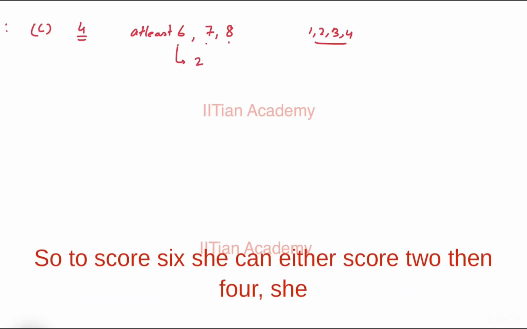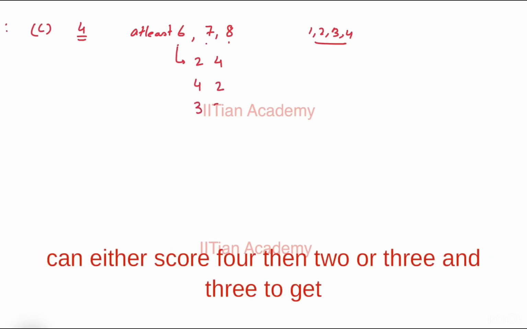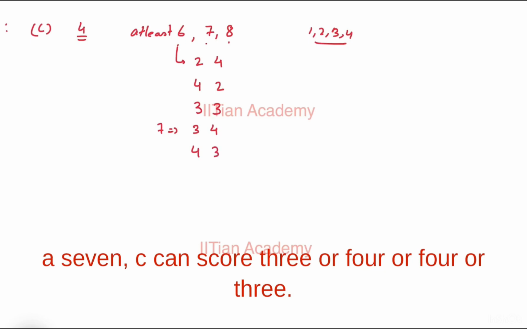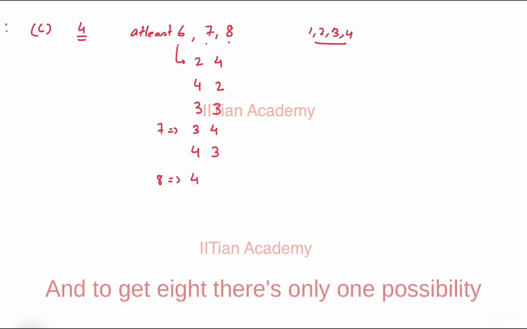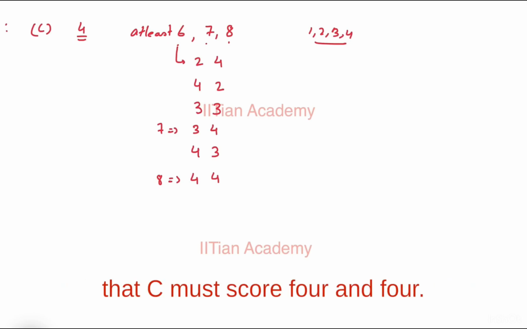To score 6, she can either score 2 then 4, or 4 then 2, or 3 and 3. To get a 7, she can score 3 then 4, or 4 then 3. And to get an 8, there is only one possibility: she must score 4 and 4.